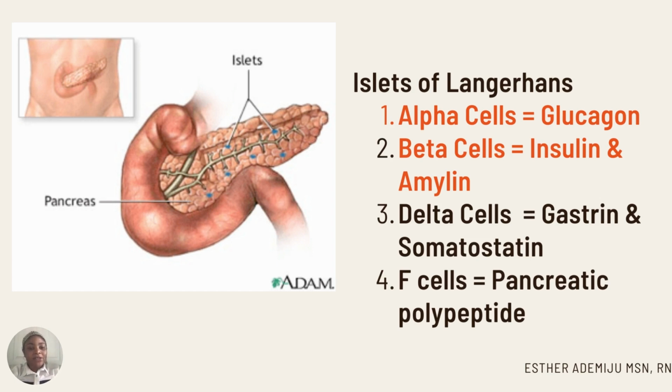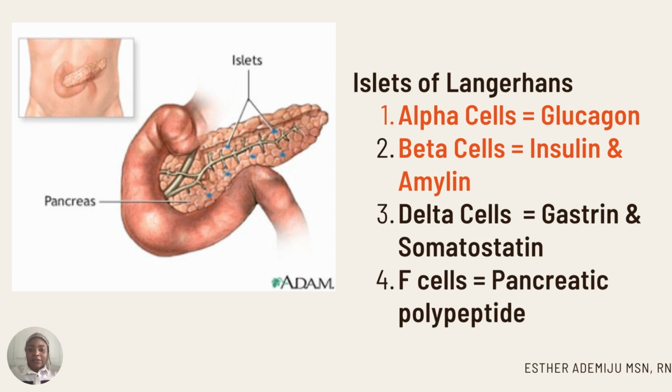We have your beta cell which secretes your insulin and your amylin. That's what we're focusing on today. And it also has delta cells that secrete gastrin and somatostatin, and then the F cell which secretes your pancreatic polypeptide hormone. But like I said, we're focusing on the beta cell, or rather the insulin part of it, secreted in the islet of Langerhans, which is the endocrine aspect of the pancreatic function.